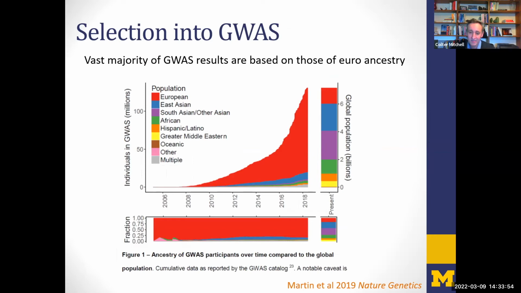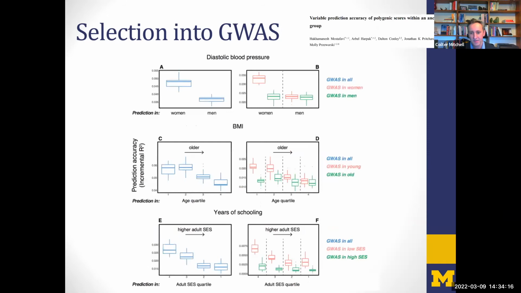And because it's so much easier to do genetic work within that ancestry group, if you look at this bottom, the fraction, almost all GWASs are performed in European ancestry. And that does not match onto the world, right? So now you're starting to see there are some issues here with how portable these might be across ancestry groups.